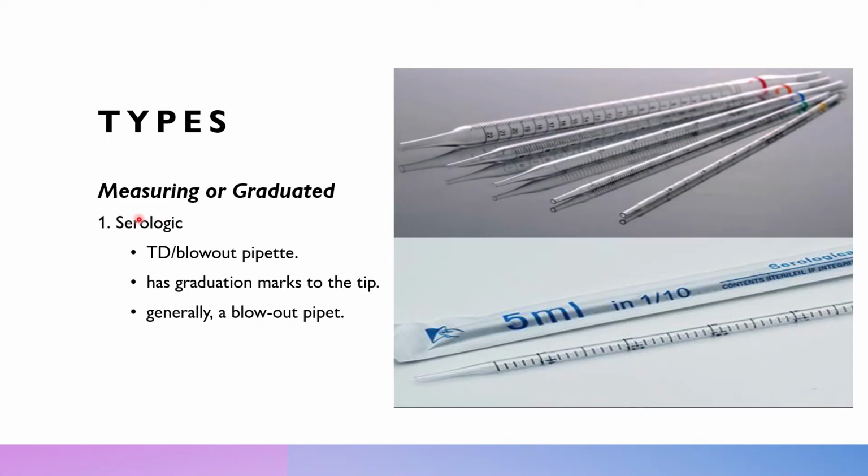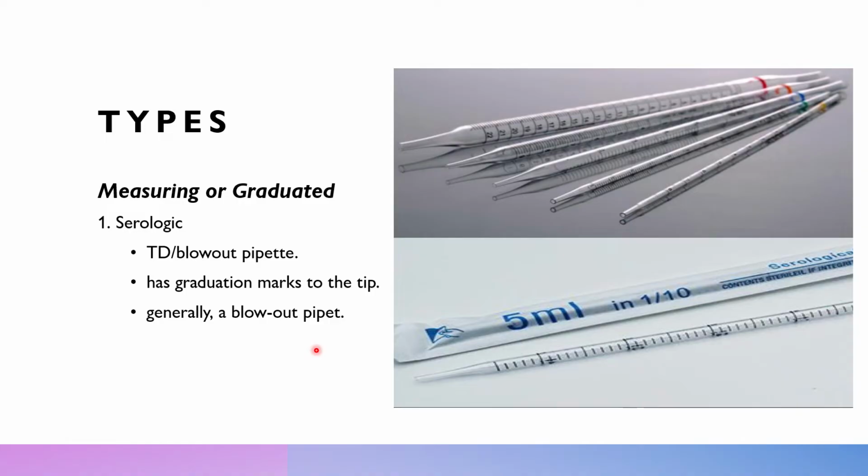The first example under measuring or graduated are serologic pipettes. Serologic pipettes are measuring or graduated type of pipettes that are to deliver type of pipettes at the same time, and generally a blowout pipette. This means serologic pipettes are measuring or graduated.